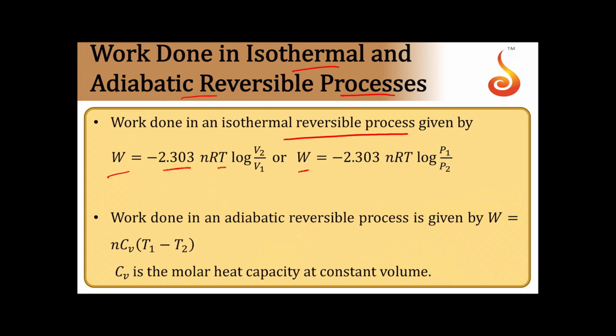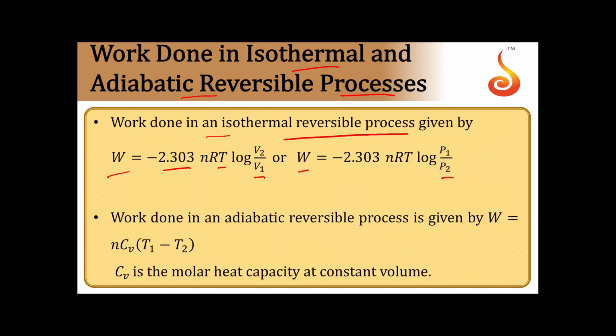We know that volume is inversely proportional to pressure, and therefore we can replace V2 by P1 and V1 by P2. So any of these two can be used to find the work done in an isothermal reversible process.